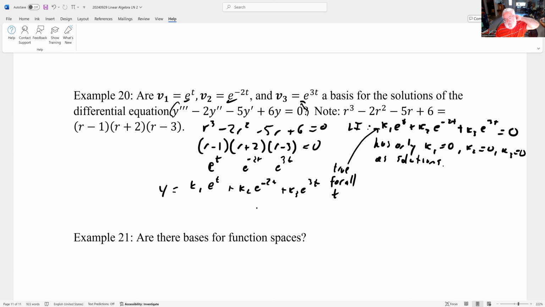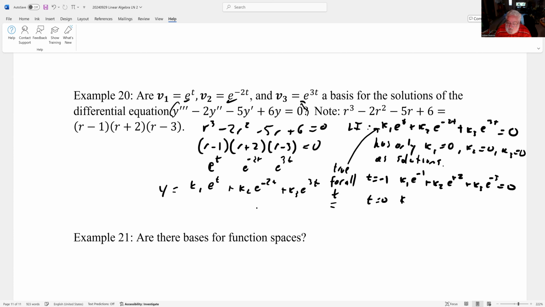So how can we actually solve this? Well, if it's true for all t, we just pick some convenient values of t. So suppose we take t equal to -1. That gives me k1 times e to the -1 plus k2 e to the -2 plus k3 e to the -3 equals 0.